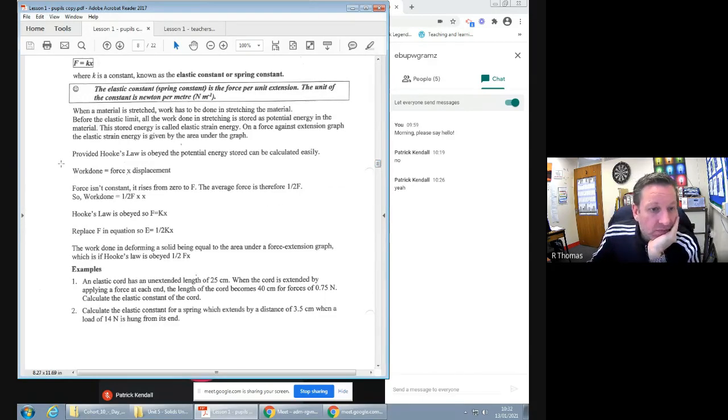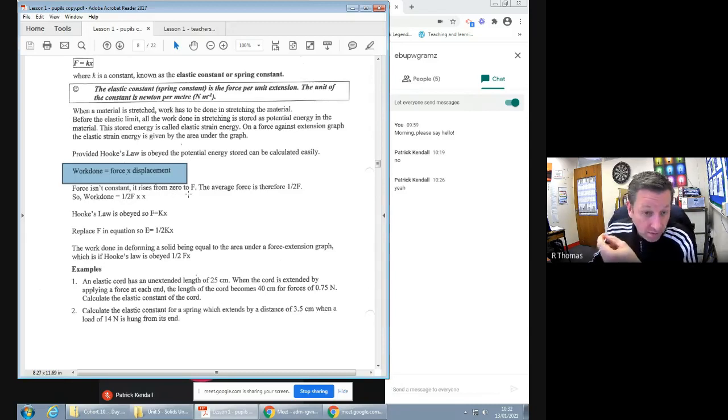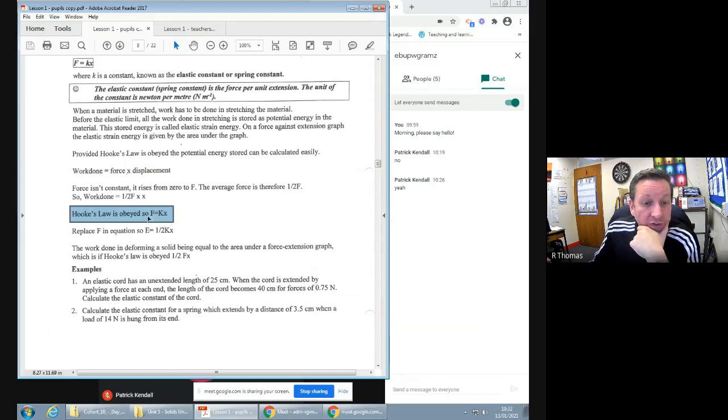Right. Work done is force times displacement. The force isn't constant though. It rises from 0 to wherever you are taking the measurement. So the average force will be half of that total force. So the work done is half the force times the displacement. Hooke's law means we can swap F for kx.